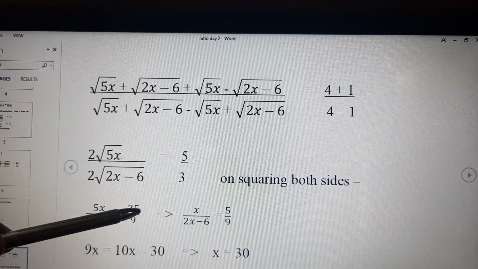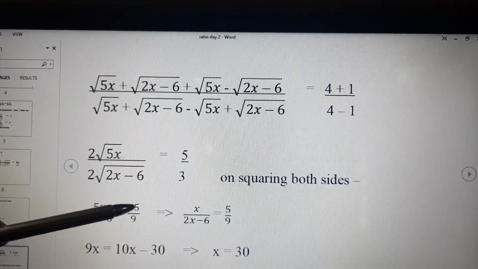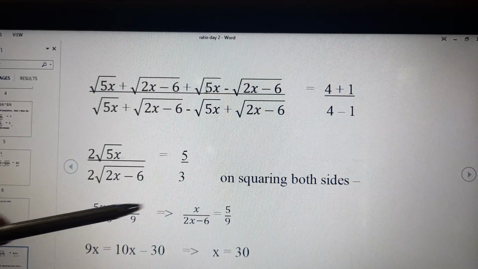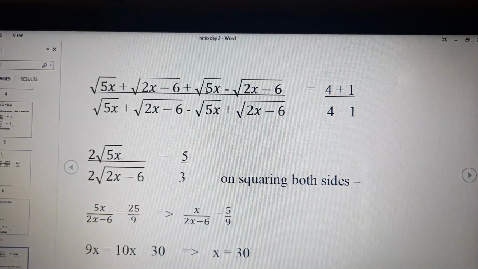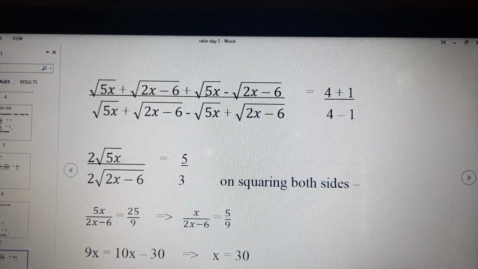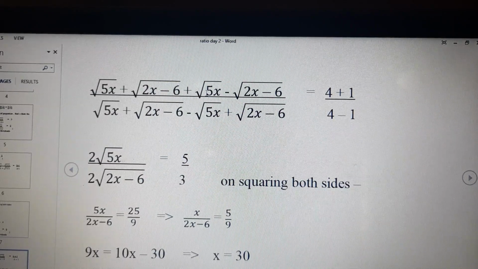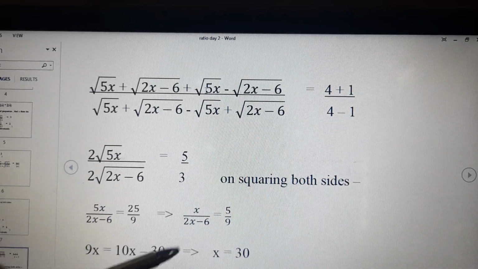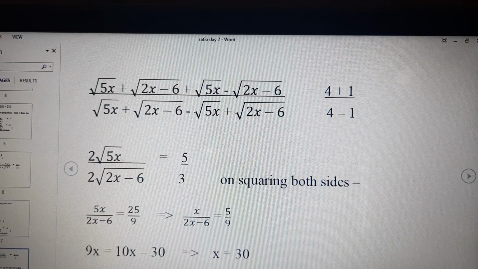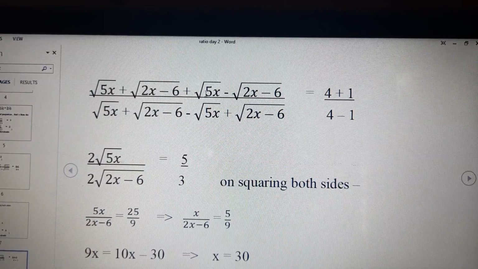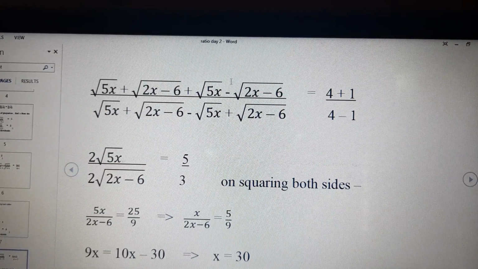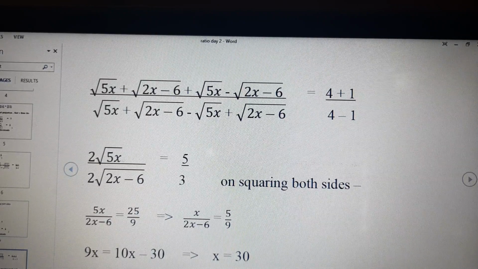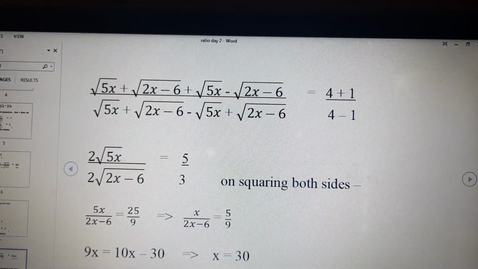This 5 and 25 can be cancelled: 5 ones are 5, 5 fives are 25. So we will be left with x here and 5 here. This makes the calculation easy. Okay, then we will do cross multiplication over here. 9x is equal to 10x minus 30 and the value of x becomes 30. Clear?